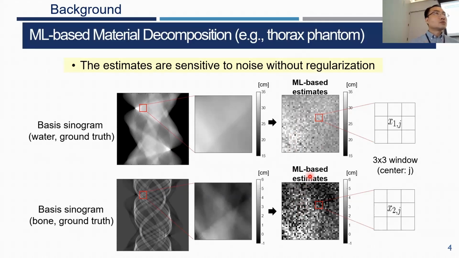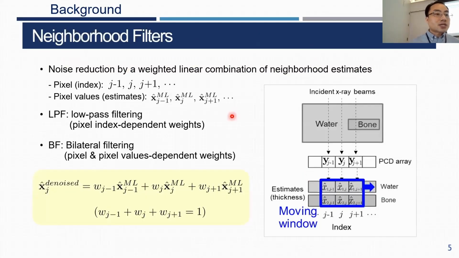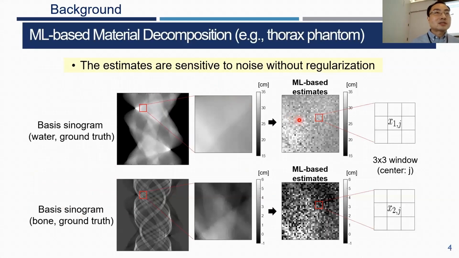And eventually, the noise will propagate to the image domain during the reconstruction. So in this study, I'm interested in applying neighborhood filters to these ML-based estimates of basis sinograms to reduce the noise.